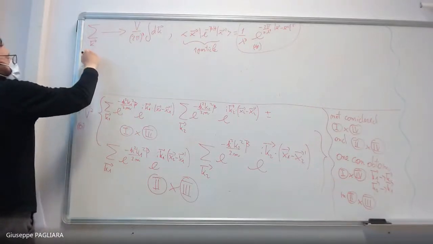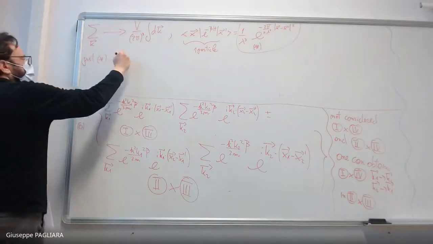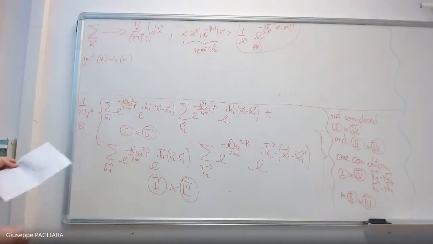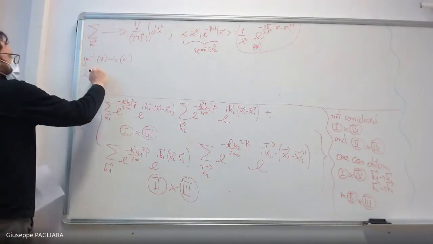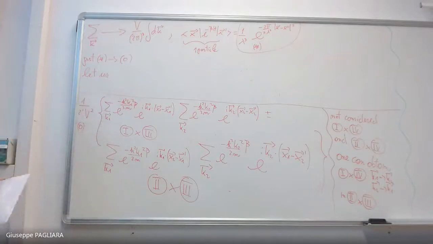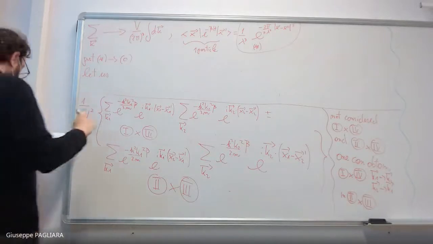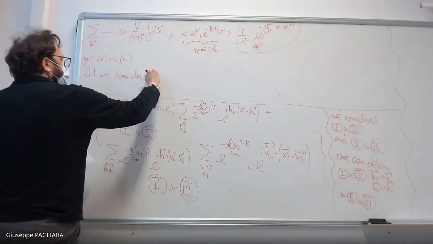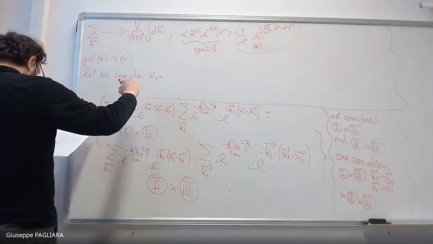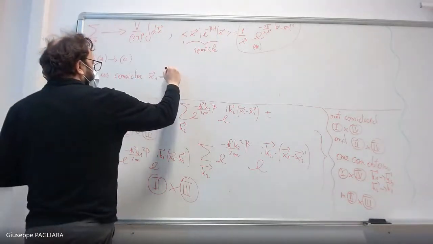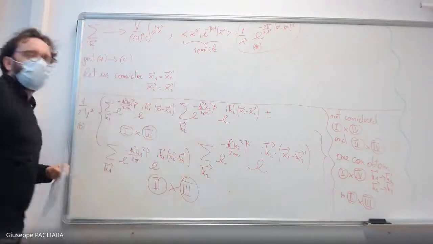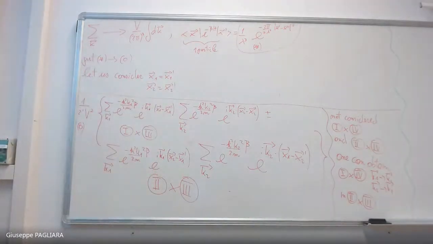Okay, so, and to make the calculation simple, let us consider the diagonal terms, otherwise it's a mess. X1 coincident with X1 prime, and X2 with X2 prime, which is, if you want, the diagonal terms of the density matrix.